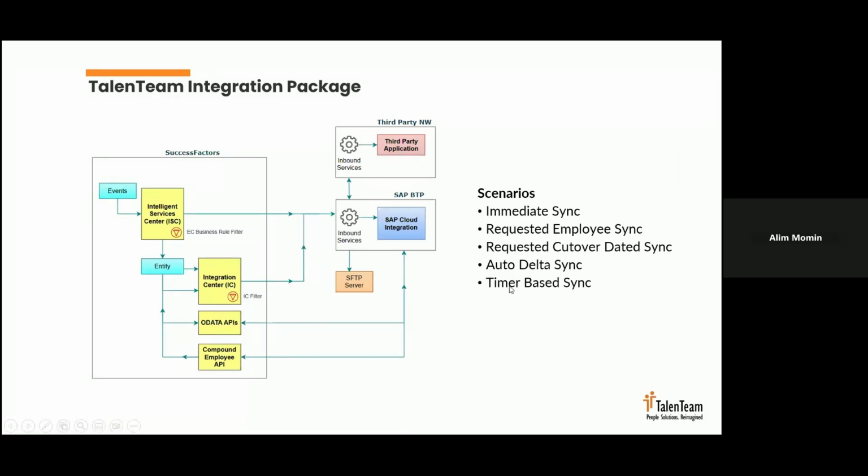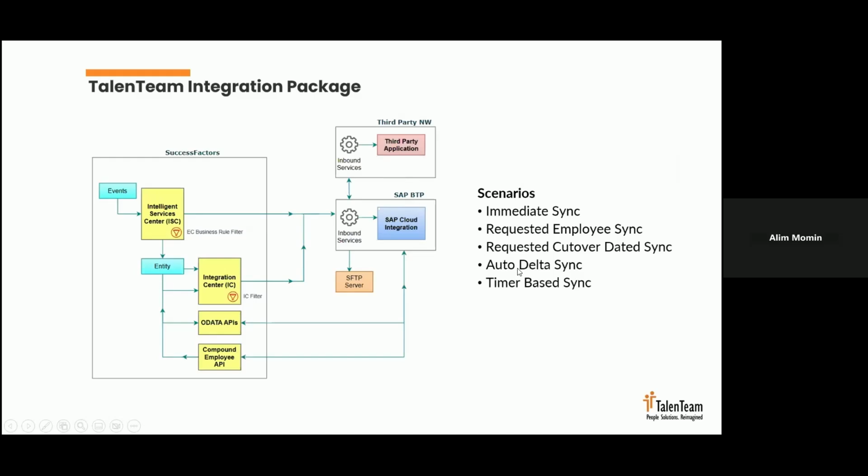In such cases, there is very little availability of an option where the third party can transfer a cutover date, saying I need data from 1st October 2025, all data of employees modified on and after 1st October 2025. They can pass this cutover date to SAP Cloud Integration, and then the respective data extraction will be done, transformed and sent to the third party.